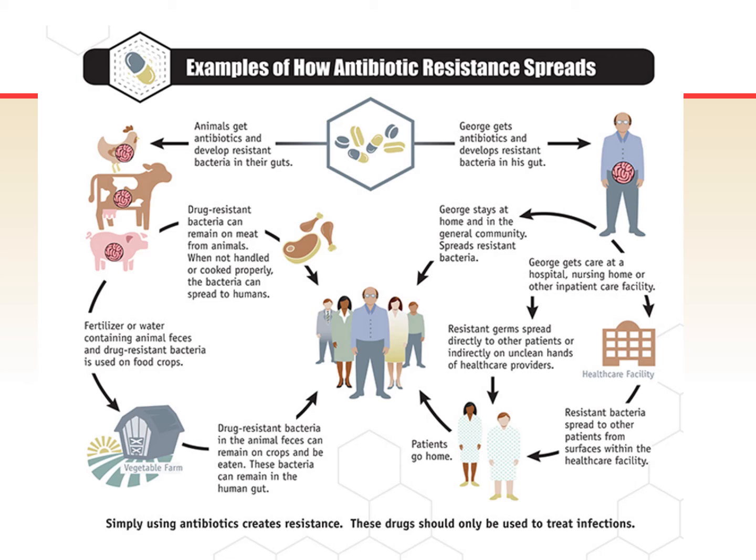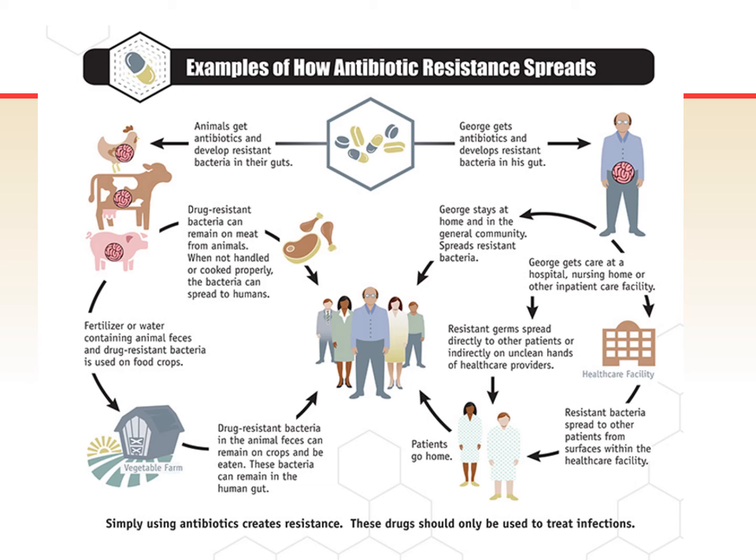Another way is that those animals' manure can be used to fertilize fields that have vegetables and fruits, and then people can consume those bacteria through improper washing of those produce items and become sick that way.